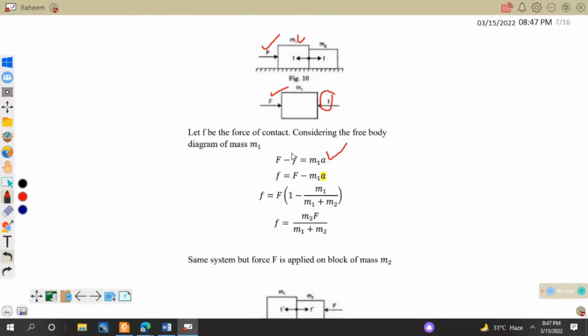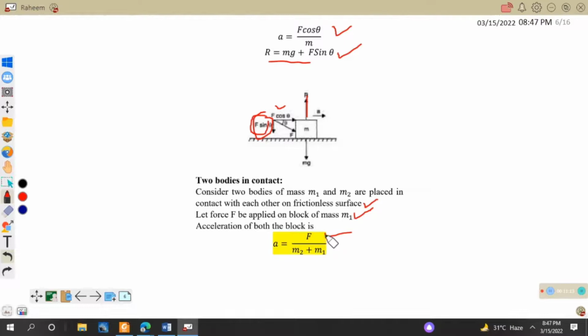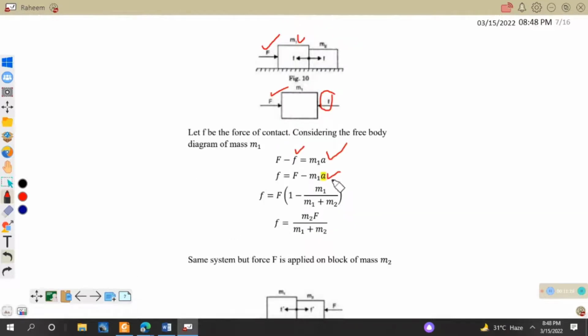So I have to find the contact force. Small f will be equal to capital F minus m1 into a, and we have the value for acceleration, which I have highlighted with yellow color, equal to F over (m1 plus m2). Using this value in the expression, this will yield F times (1 minus m1 over (m1 plus m2)).